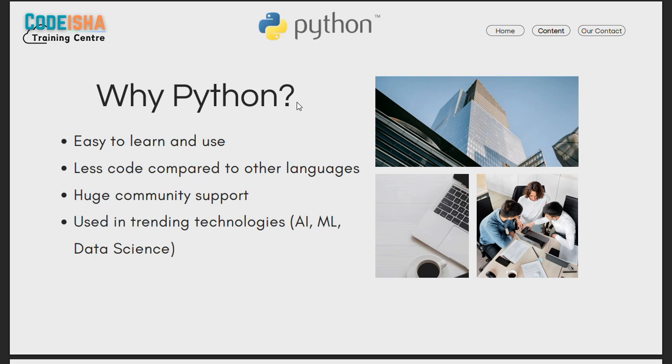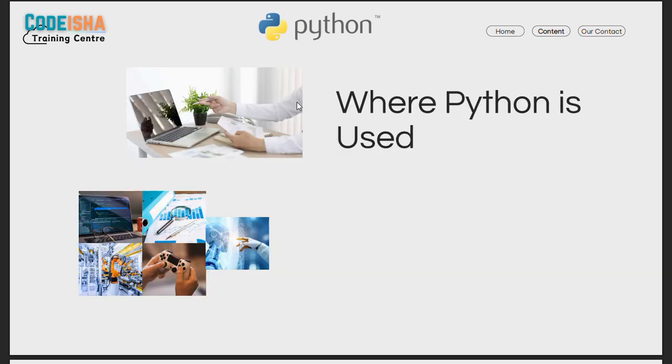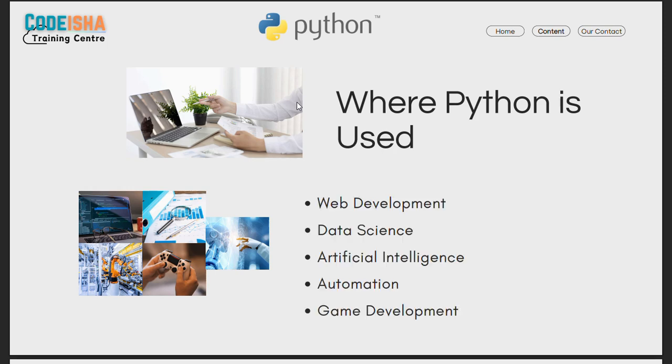We can use Python in web development, data science, and artificial intelligence. We can use it for automation and for game development also. So this is where we can use Python.